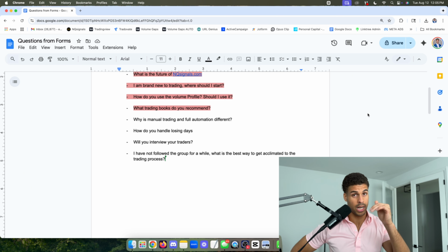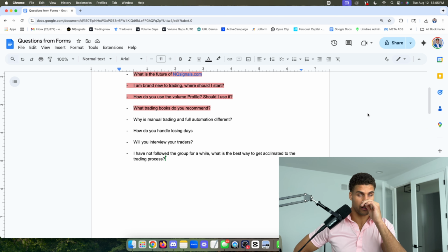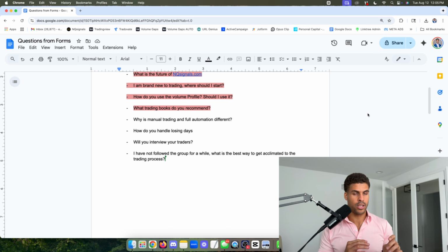And so my entries shift around all the time. It's very difficult to hard code, okay, you need to enter on the sixth lowest node underneath the point of control, but it's also okay to go long above the point of control. The setups don't always make sense when you try to hard code them with strict logic.